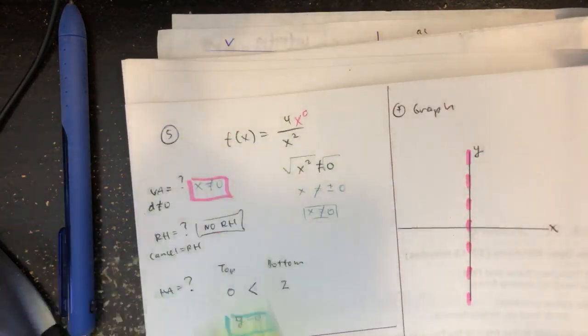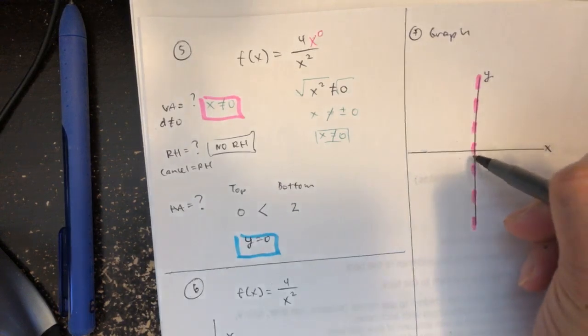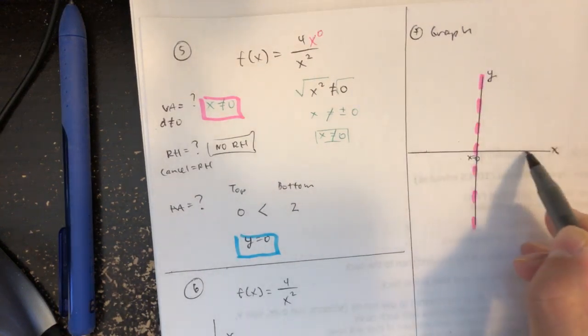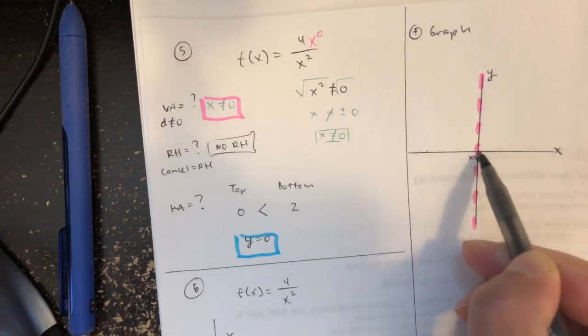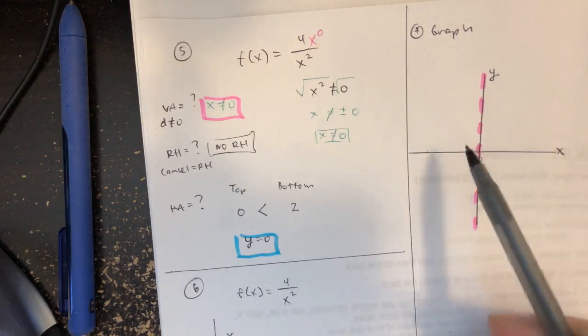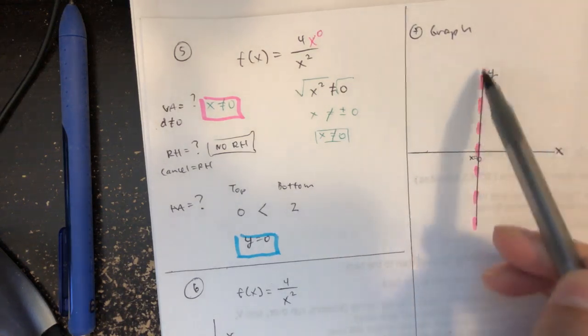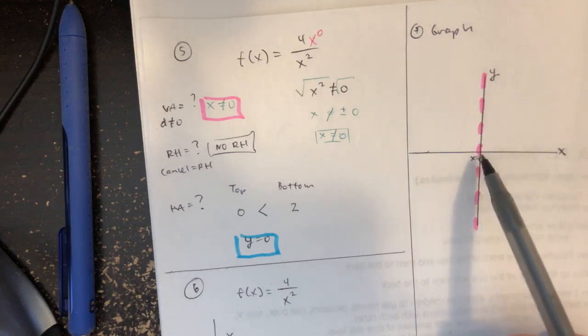Okay, this is the one I wanted to use and highlight to help you with your table of values. Notice this is x equals 0. So these are positive x values and these are negative x values. So 1, 2, 3, 4, 5, 6, negative 1, negative 2, negative 3, negative 4. And why this is so important is because the vertical asymptote gives you a hint of what numbers to pick for your x values.